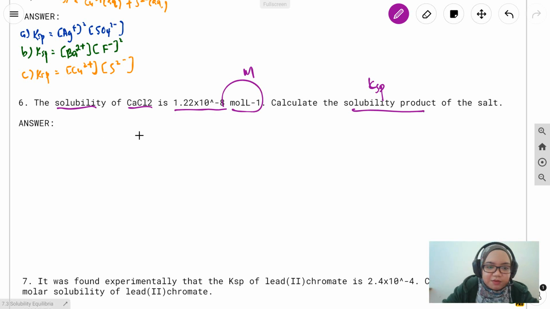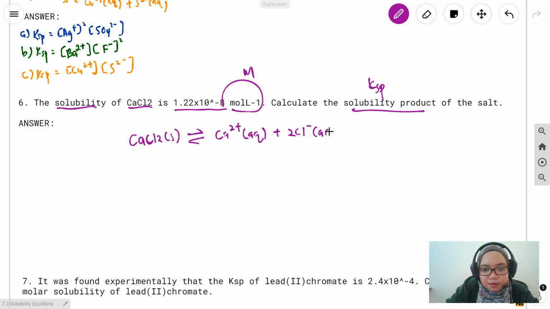First step, you must write the chemical equation first. So first step here. Okay.